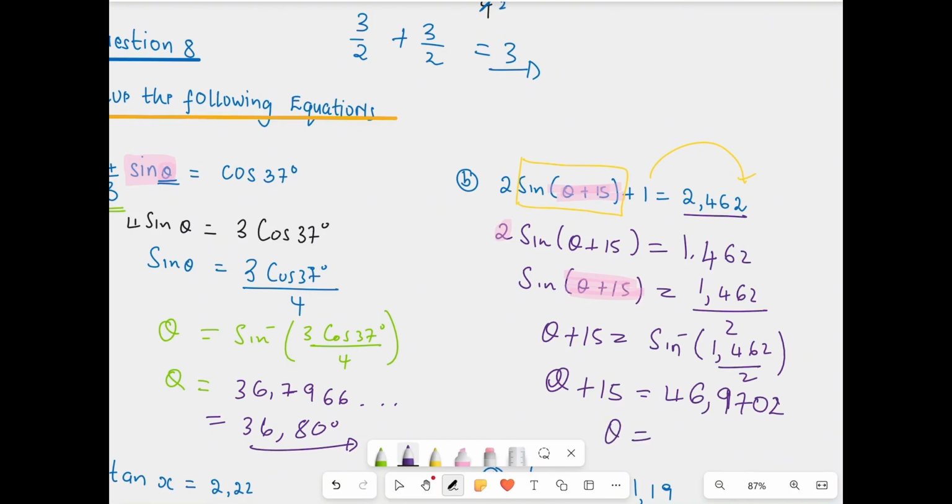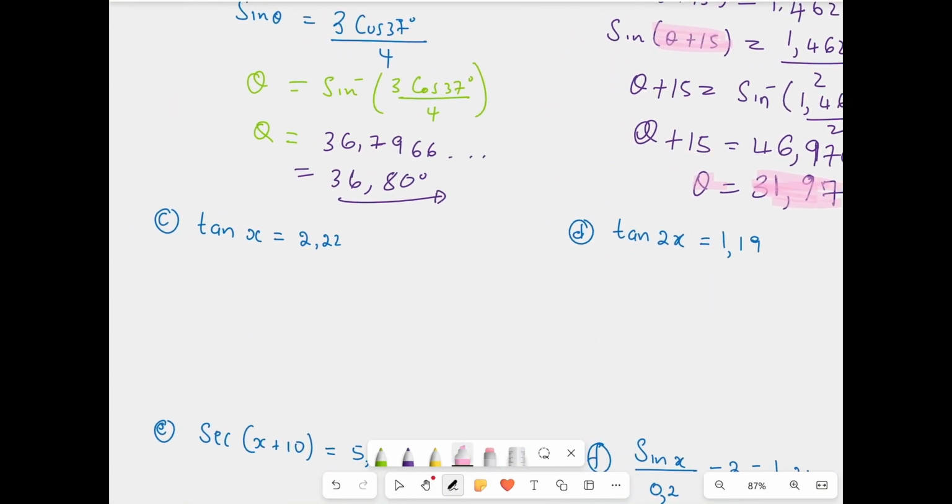So I'm going to have 46,9702 minus 15, which will be 31,97. So that is my angle theta. So theta is 31,97. And then let's move to C.